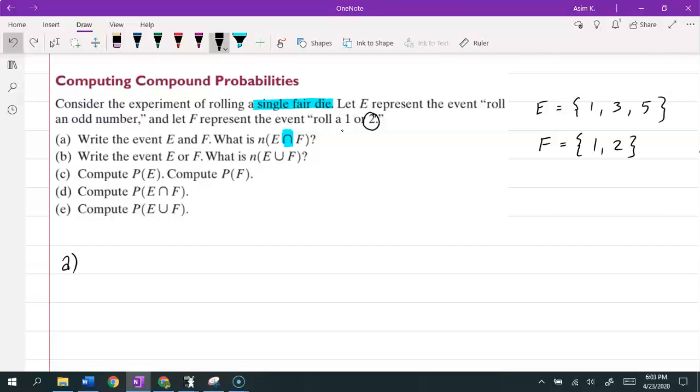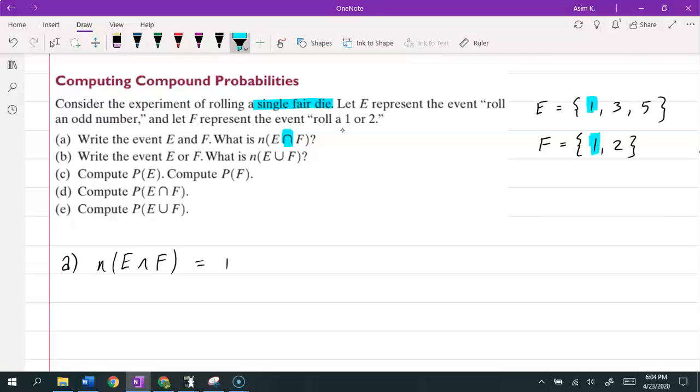So what I'm trying to say here is you could just say, look, that's the count for E and F occurring. Remember, it's the count, not the number itself, just the count. The count of numbers that can do that is 1. There's only one situation, and I can highlight that for you. Event E has a 1, and event F has a 1.